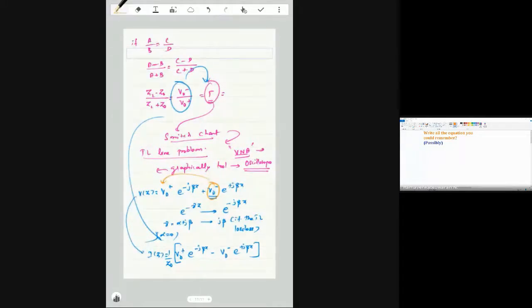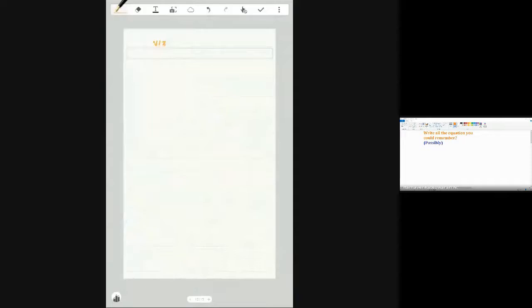I think it is visible, and there are no technical issues. So take this V naught minus outside. This may be the third, maybe the fourth equation. So you can write V of Z equals, V naught plus is already there, V naught minus I've taken outside, so this is e power minus j beta Z.